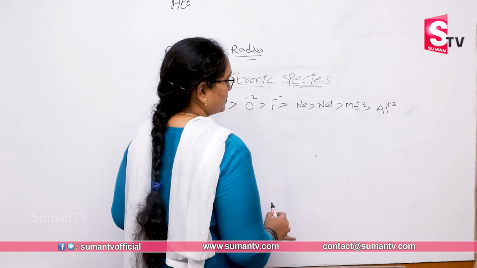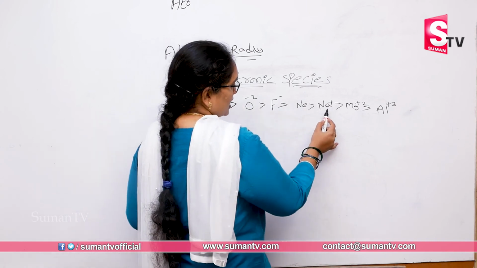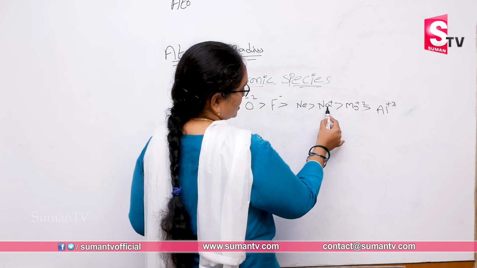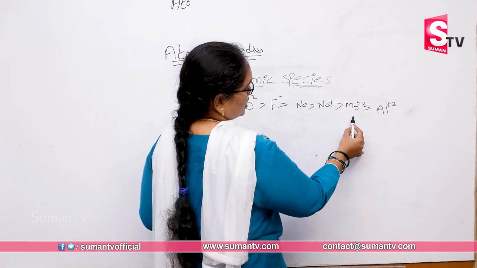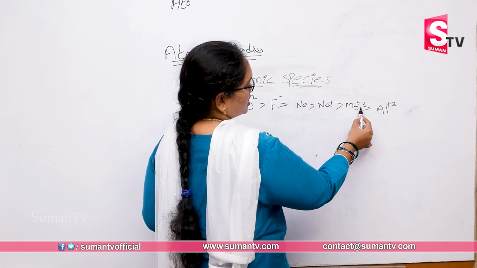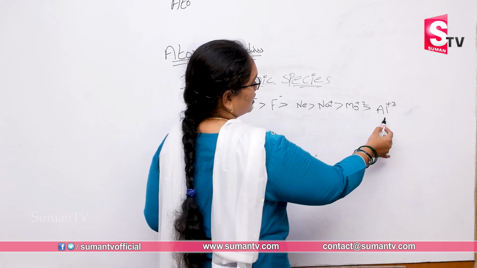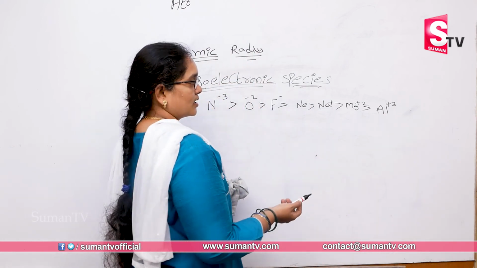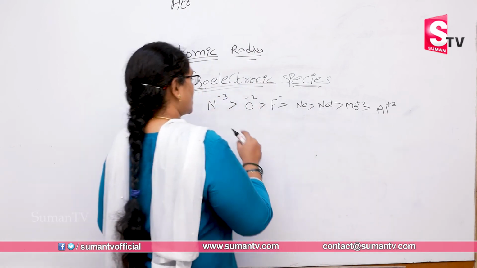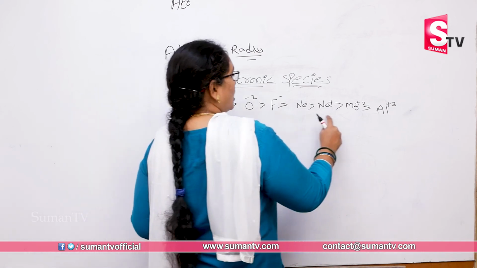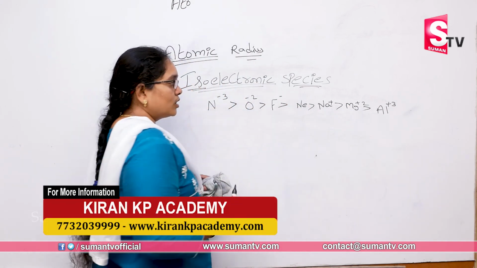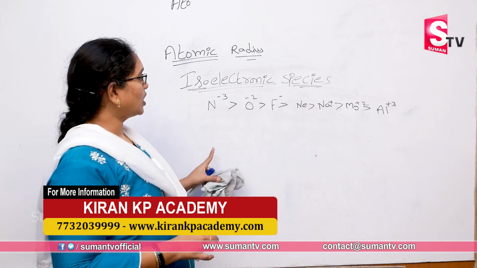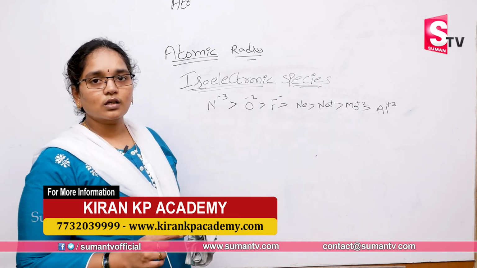Neon, atomic number 10. Sodium, 11 minus 1, 10. Magnesium, 12 minus 2, 10. Aluminium, 13 minus 3, 10. All these ions and atoms have 10 electrons, so this set can be called isoelectronic species.